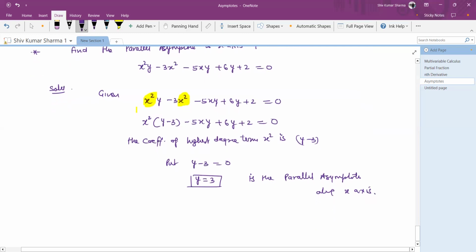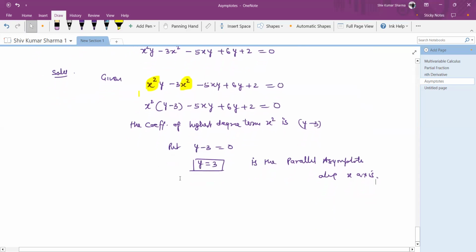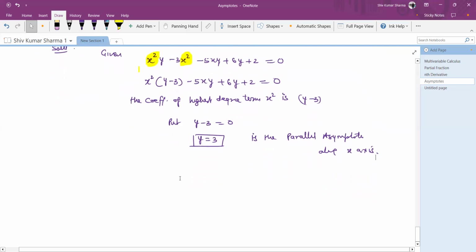So some problems we have in this way when we are obtaining the parallel asymptotes. Sometimes we cannot get the parallel asymptote of a particular curve, so we can get the oblique asymptote of the same. So we have some questions related to that. You can try. Okay.